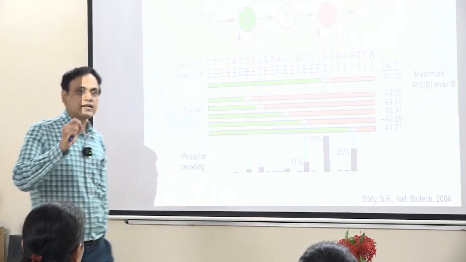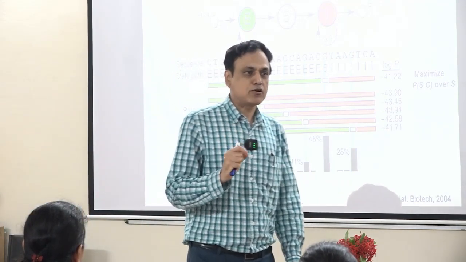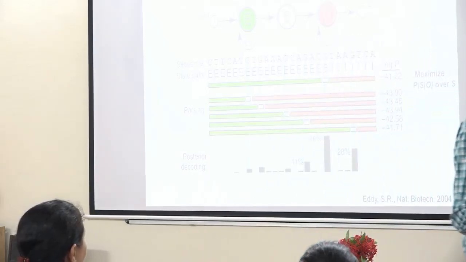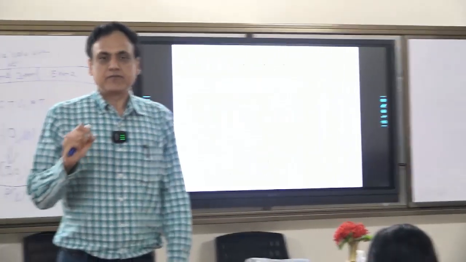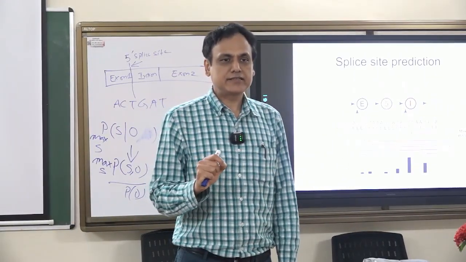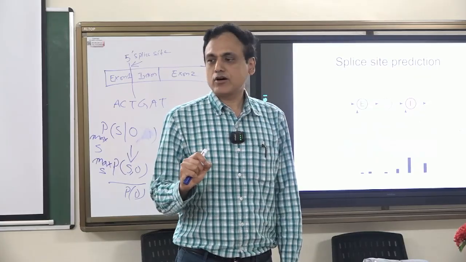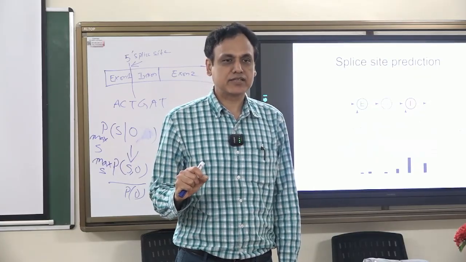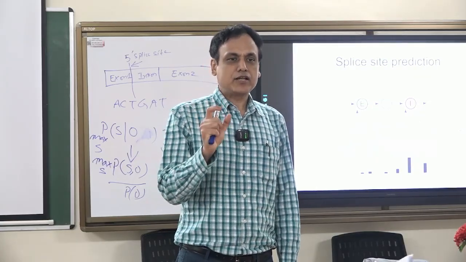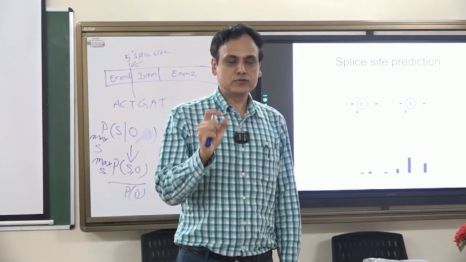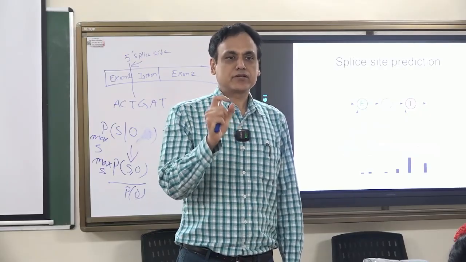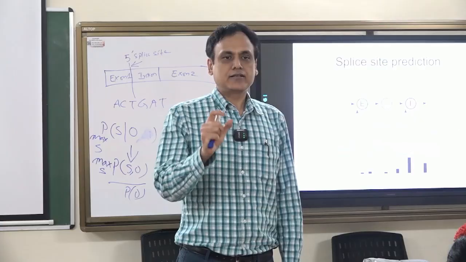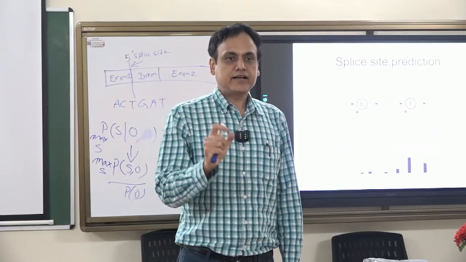So let's say that at the first position, the probability of being exonic is 90%, the probability of being 5' splice site is 0, and the probability of being intronic is 10%. Then which of these three labels will you use to label the first nucleotide? The labels are E, 5, I.